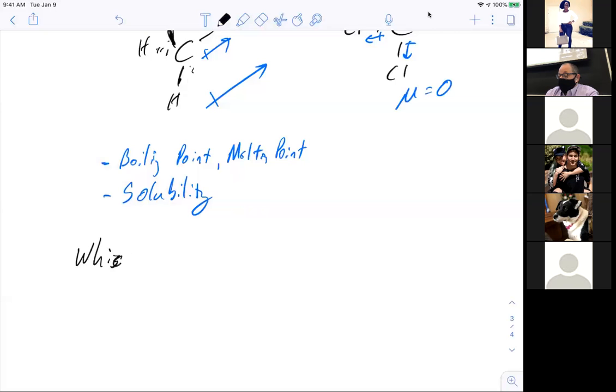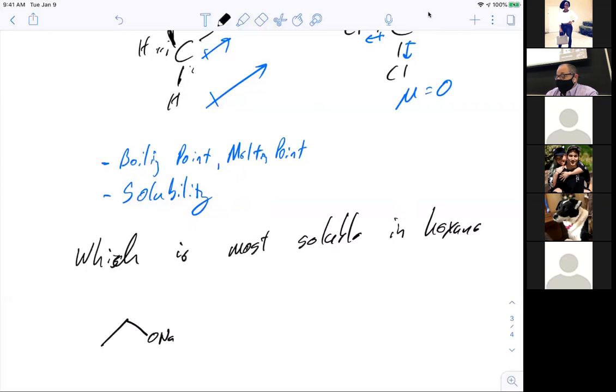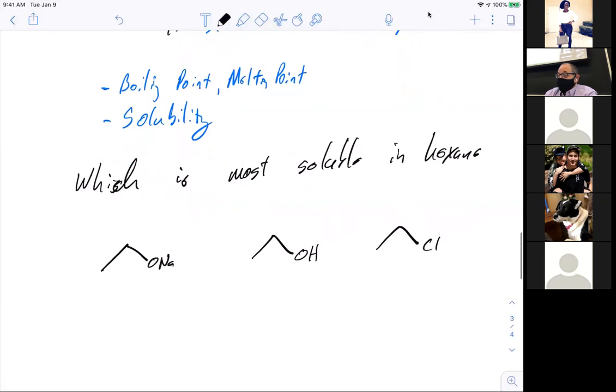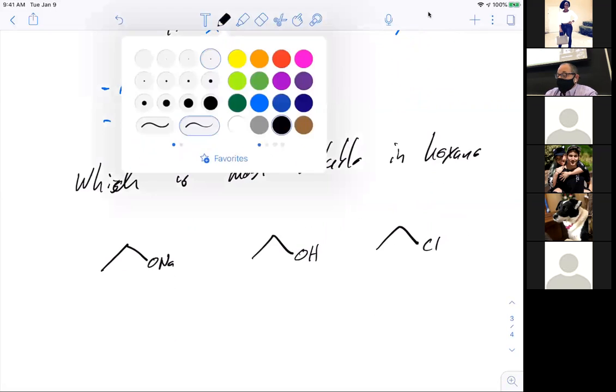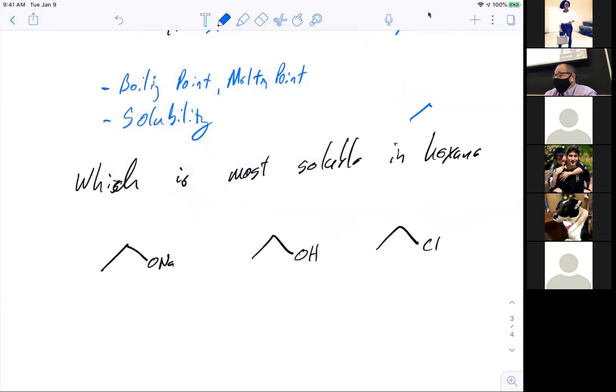Which is most soluble in hexane? And we give the options. First thing we should do is actually think about hexane, right?